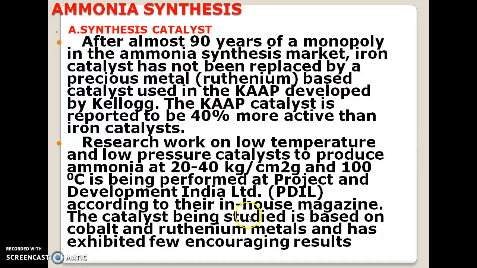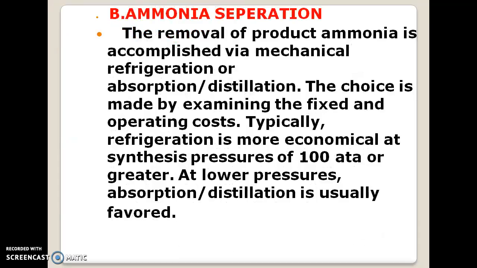Presently in India they are developing a process which can work at very low pressure and low temperature so that it becomes increasingly economical. Here we start with ammonia separation using a temperature and pressure combination.